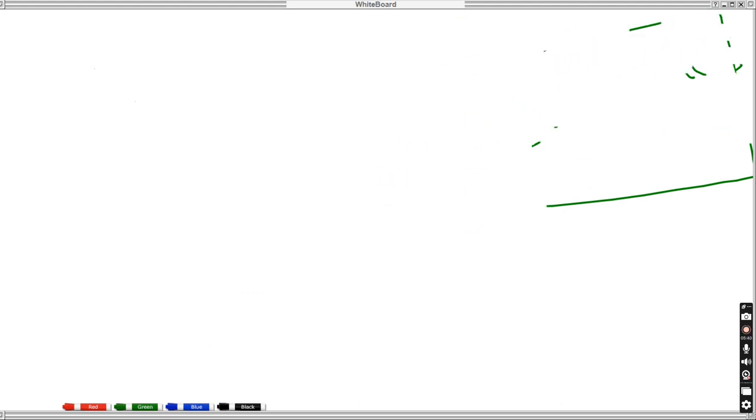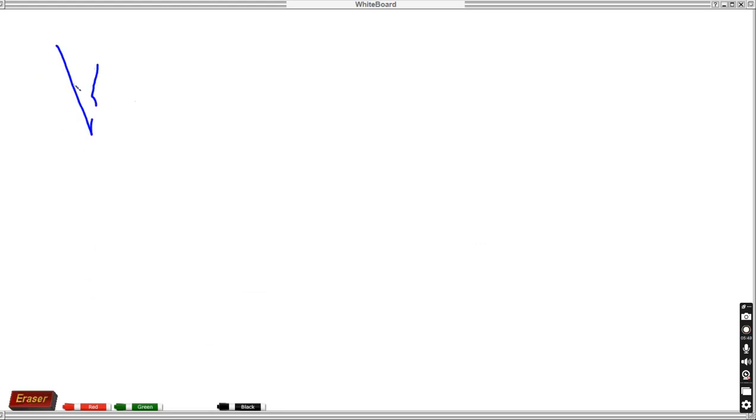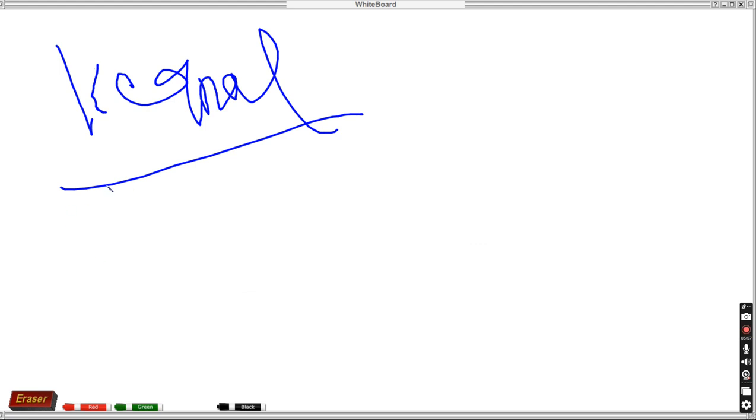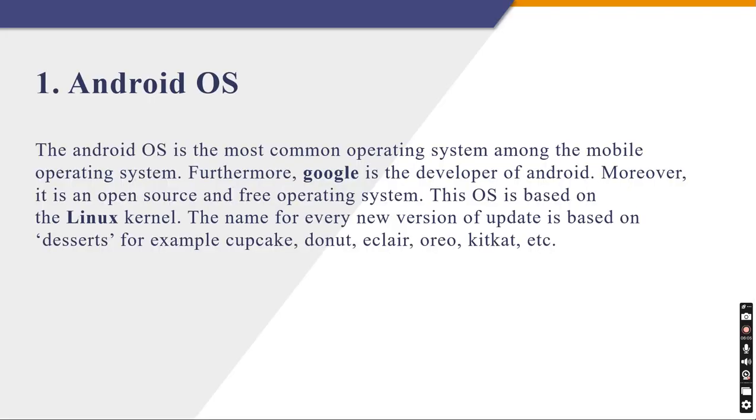Sorry, my writing is not proper to write kernel. Kernel is the most important part of your operating system. We can say that kernel is the heart of your operating system. Let's see the next slides.